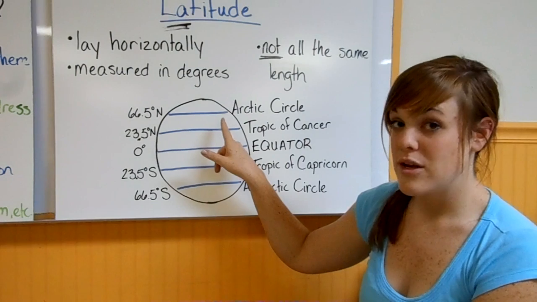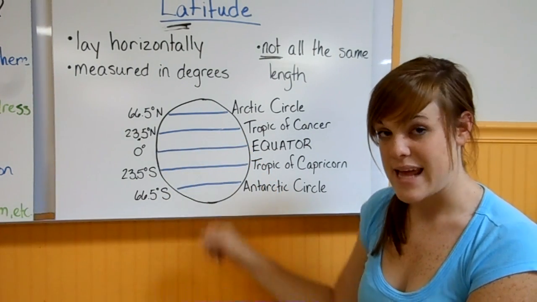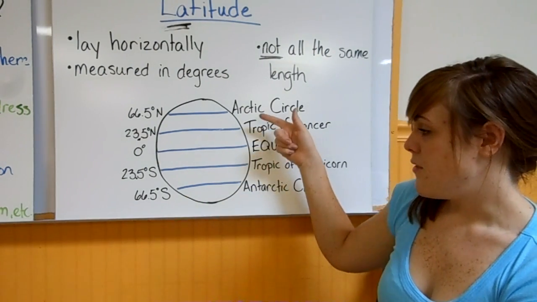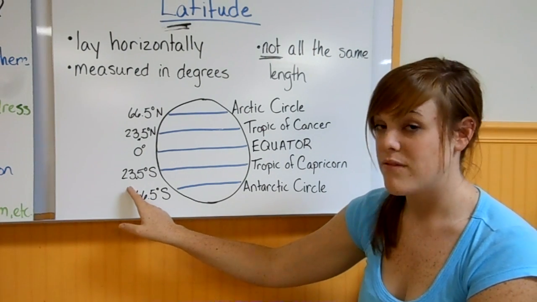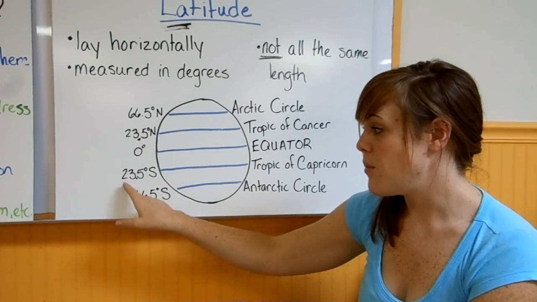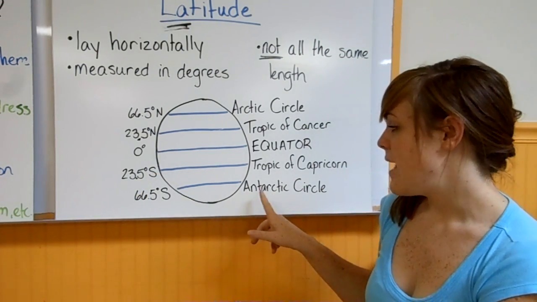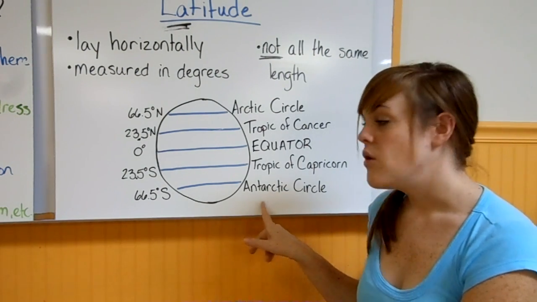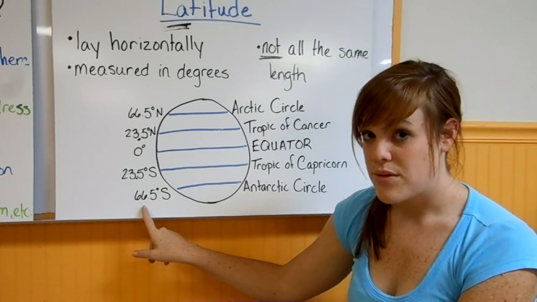Then if we keep going north, we come to the Arctic Circle, which is at 66.5 degrees north. Okay? If we go south, we have the Tropic of Capricorn, which is at 23.5 degrees. Same number, but this is 23.5 degrees south. And then if we go farther south still, we come to the Antarctic Circle, which is at 66.5 degrees south. Okay?